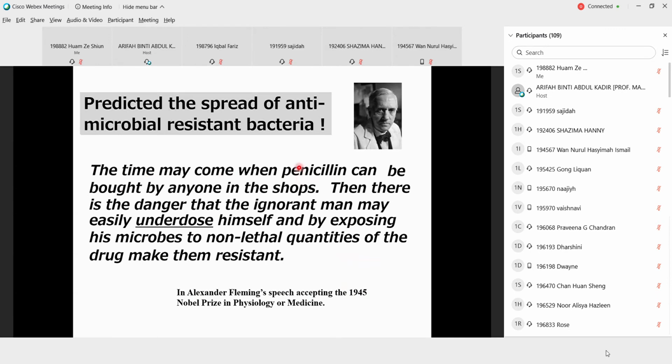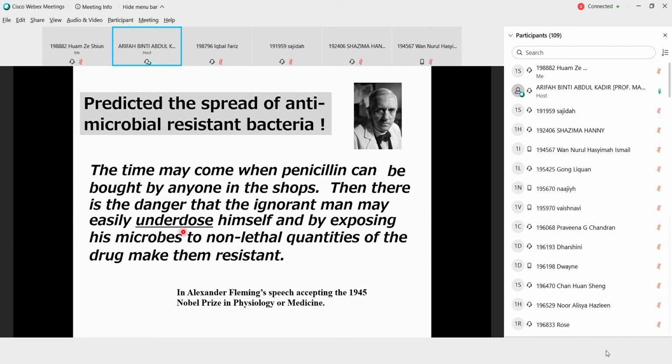And in his speech, when he accepted the Nobel Prize, he said, the time may come when penicillin can be bought by anyone in the shops. Then there will be the danger that the ignorant man may easily underdose.